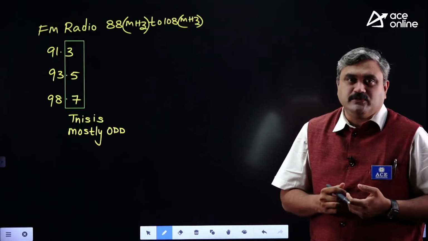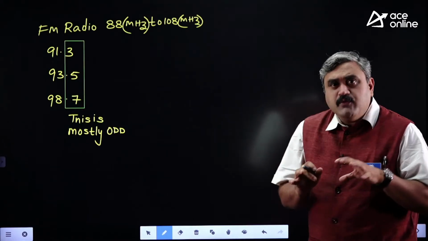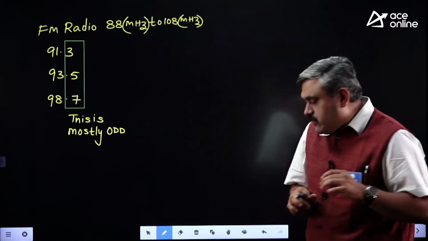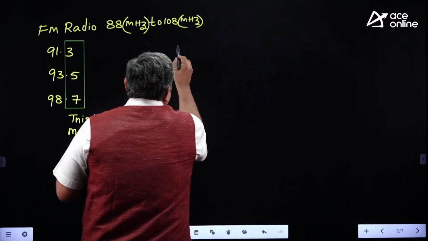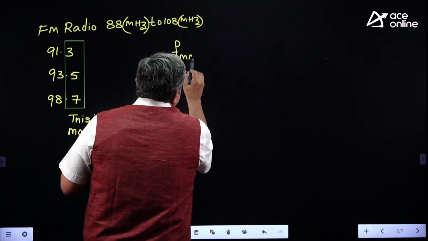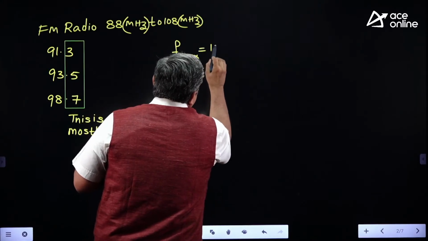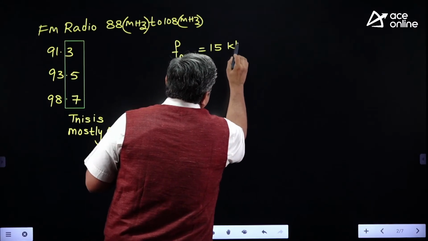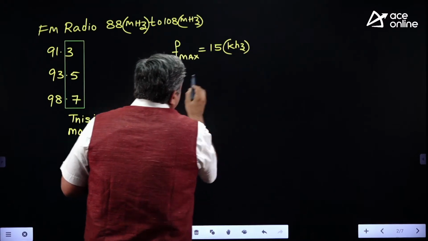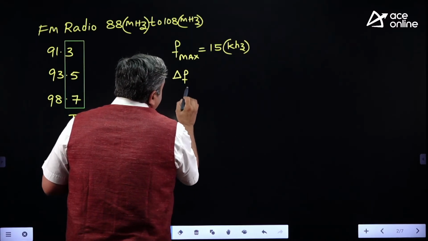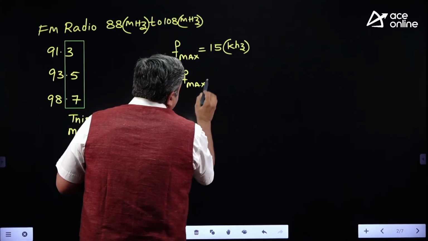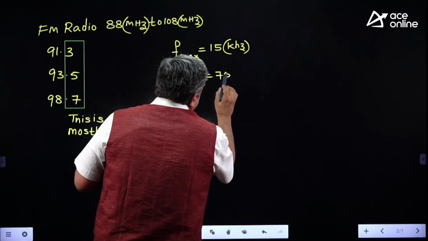It is a very good interview question also. Basically, what are the standard specifications you are following? The maximum frequency of the message signal in FM radio, we take as 15 kilohertz, and the maximum frequency deviation, we take as 75 kilohertz.